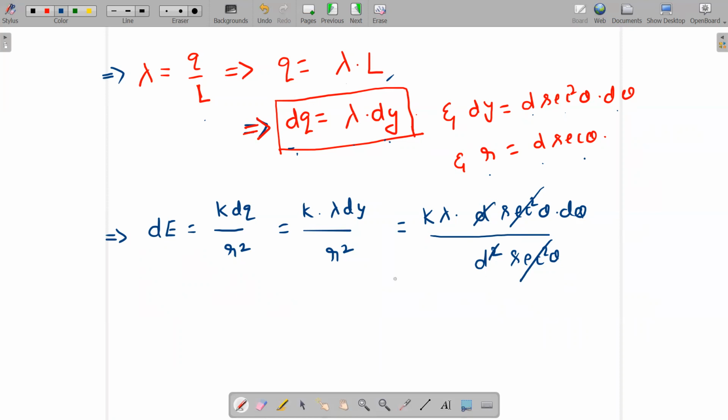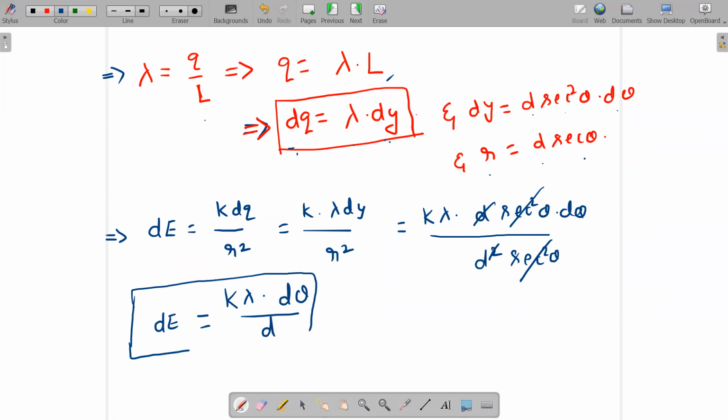So the remaining term becomes dE equals k lambda, only d theta remains in the numerator, and in the denominator sec square theta gets cancelled, only d remains, so we can write it as k lambda d theta by d.